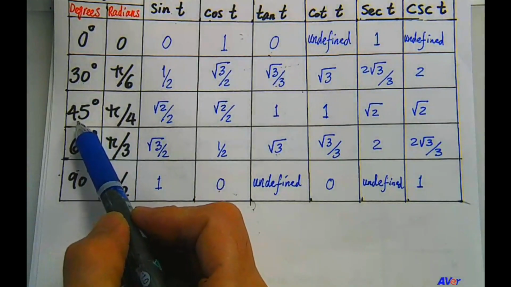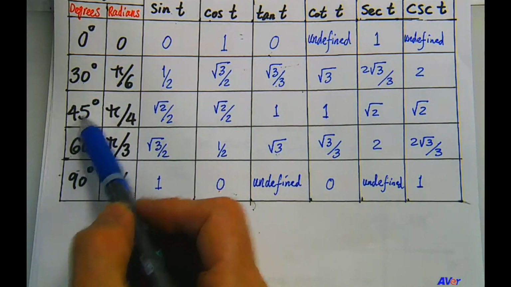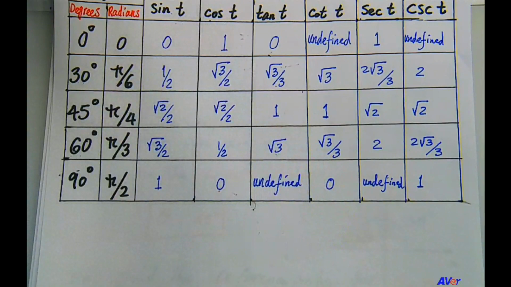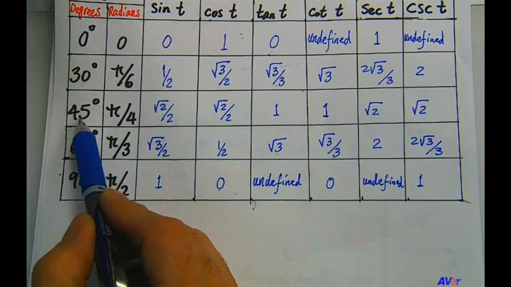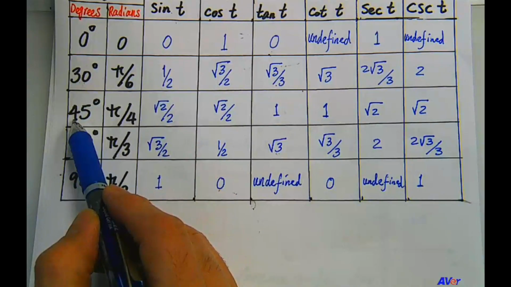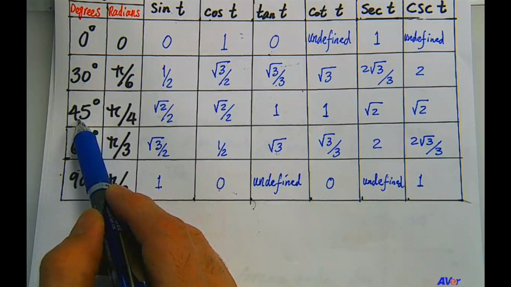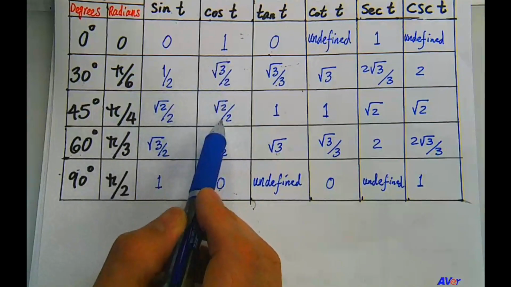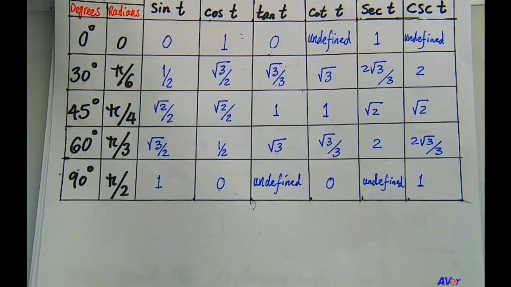So if I was asked to find what is the cosine of 135 degrees, if that was the question, instead of going with 135, I'll go with this table of special values. Cosine of 45 degrees, which is the reference angle for 135 degrees, which would be square root of 2 over 2. But not quite yet, right?